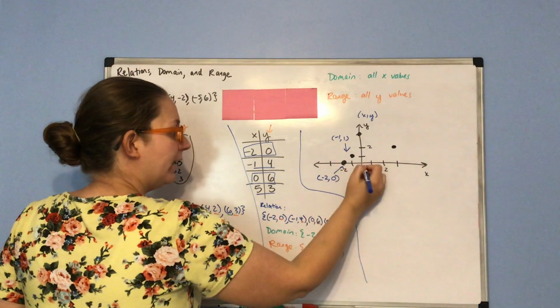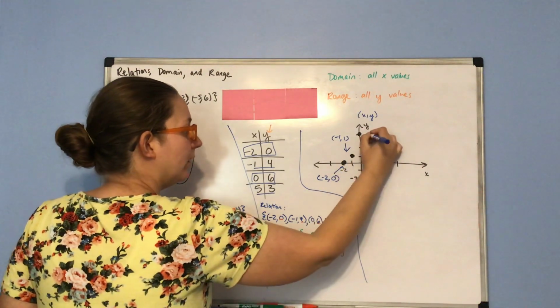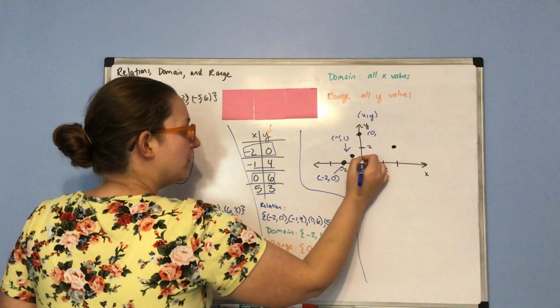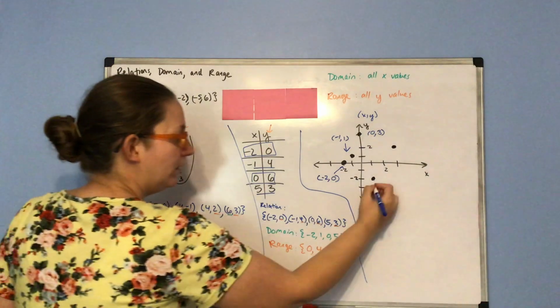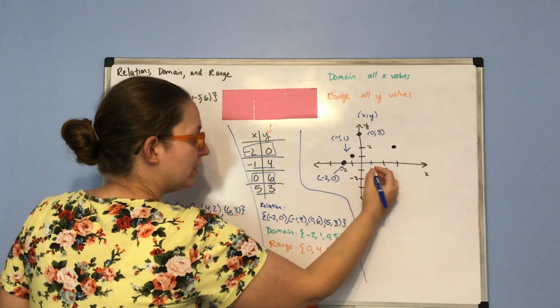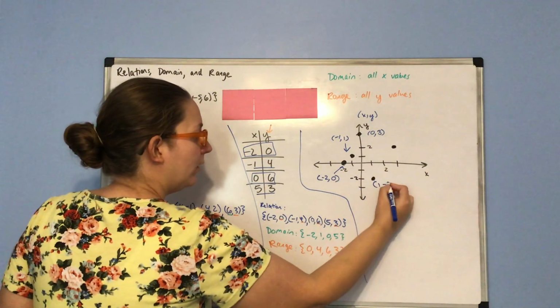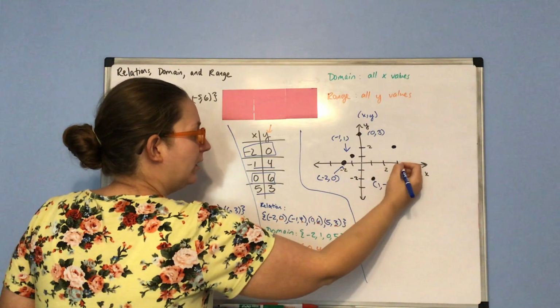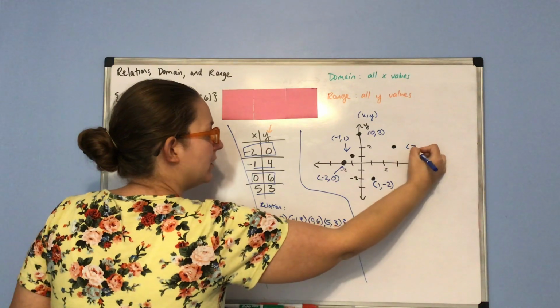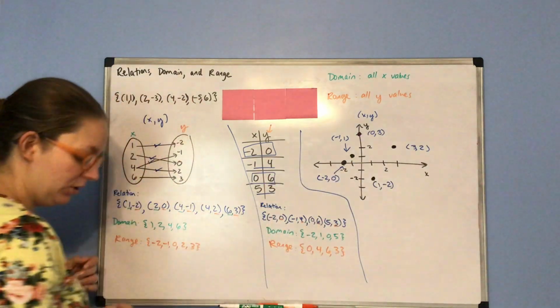Here, x is 0 because we didn't move left or right at all. The y coordinate is 1, 2, 3. Down here, x coordinate is +1, y coordinate is -2. And then last but not least over here, x coordinate is 3, y coordinate is 2.